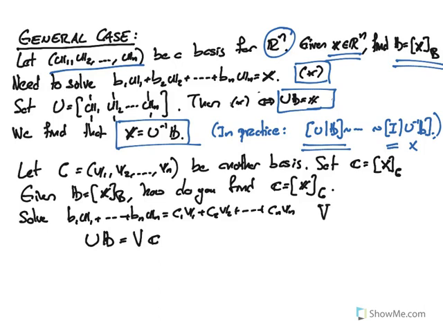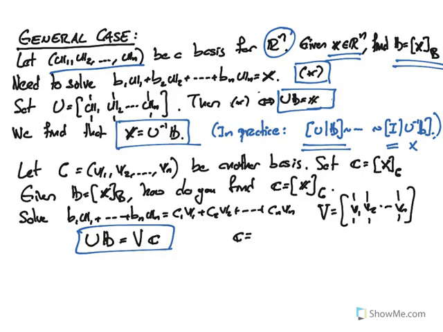We formed the matrix V, whose columns are the basis elements v1 up through vn. So now we need to solve this linear system. We can do this very straightforwardly. We find that c is equal to V inverse U times b.